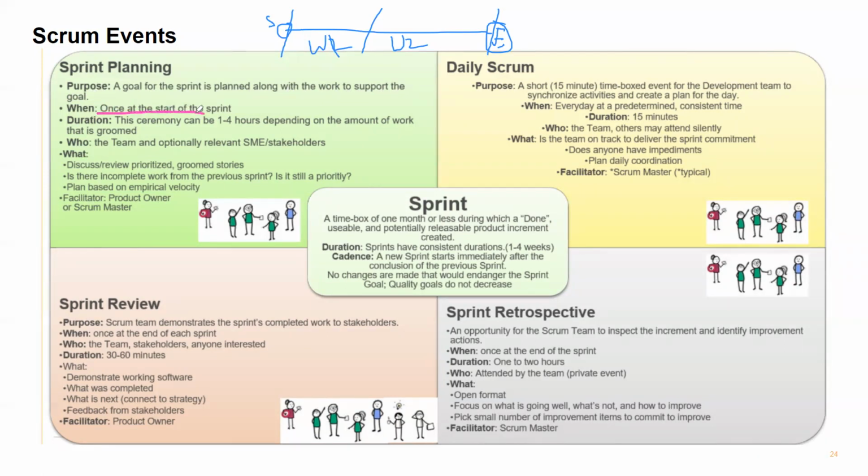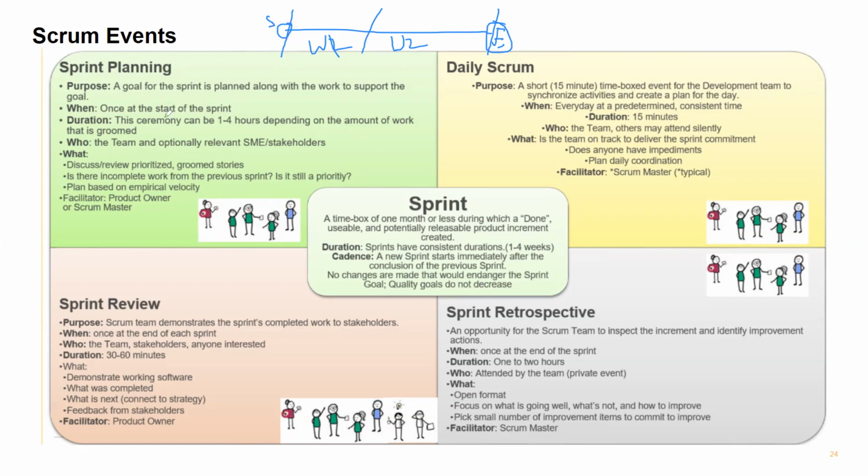So when will this happen? When will this event start? The start of the sprint. Yes, simple. When will you plan? Before you start your vacation, you'll plan accordingly, then you'll do things, right? It will happen once in a sprint. Okay, that will be the start of the sprint.